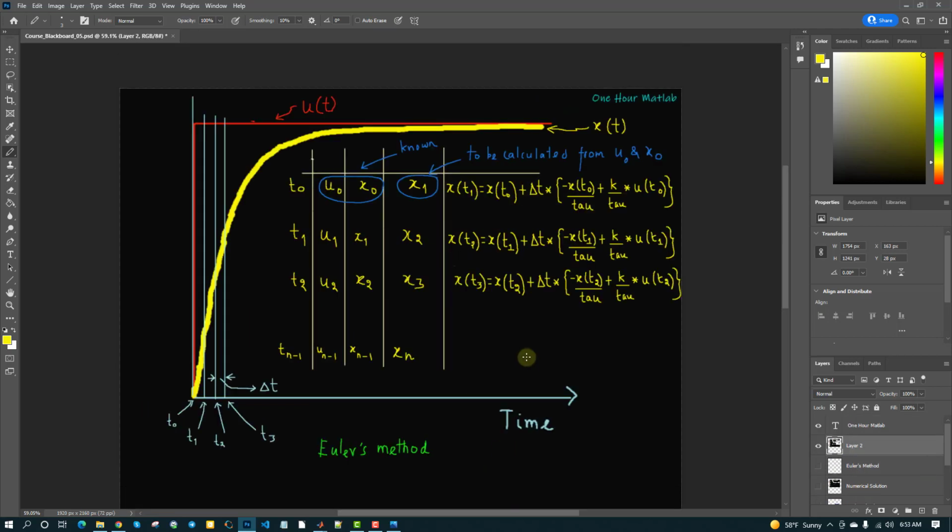All right, let me illustrate this further. At time instant t0, we know the system input stimulus, and we know the system response to be 0.